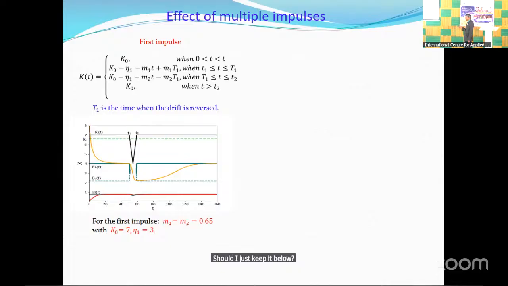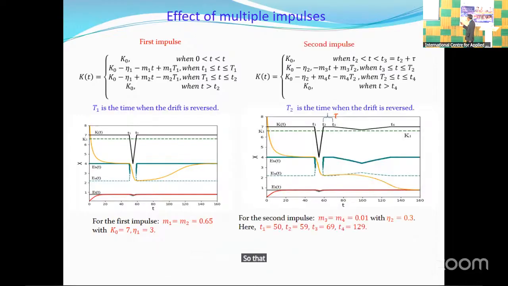Now we observe the effect of multiple impulses. So we first give one impulse that crosses the bifurcation value, but your system does not tip. Your system returns back to the desired state. Now the question is, what will happen if we again give a very small secondary impulse that even does not cause the bifurcation?